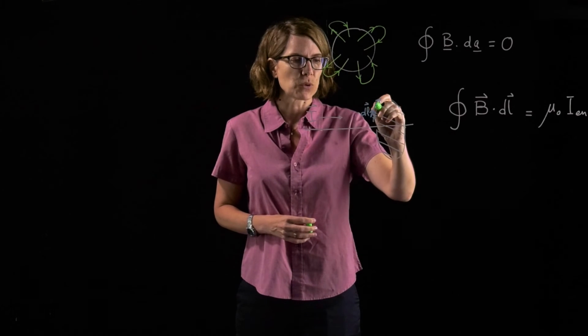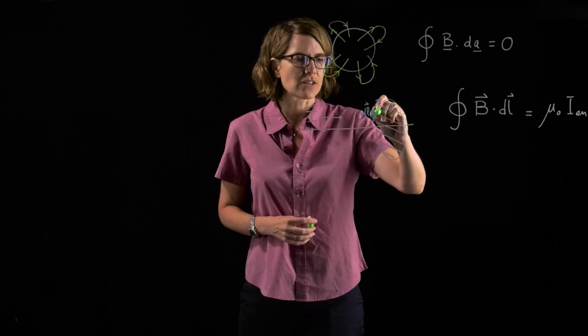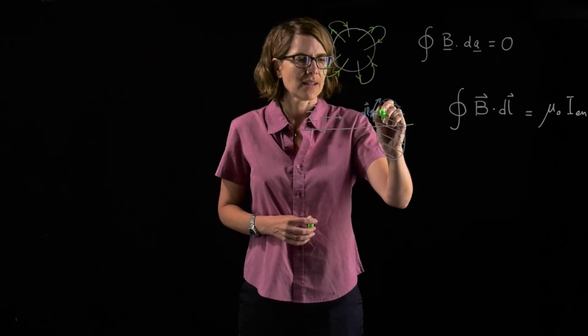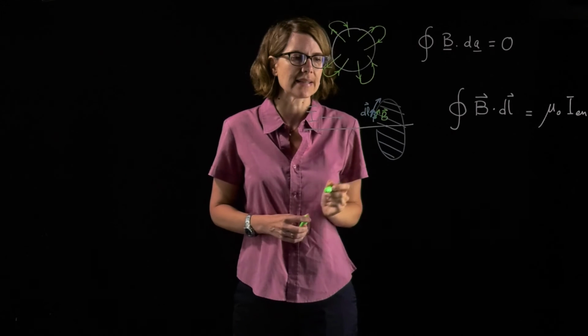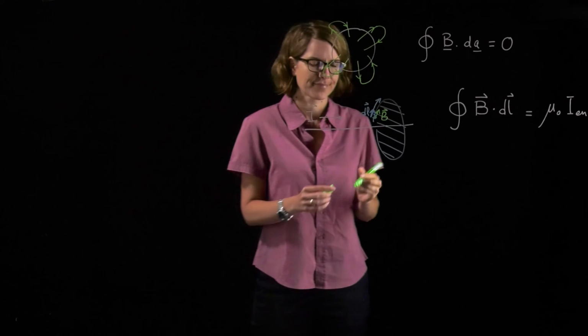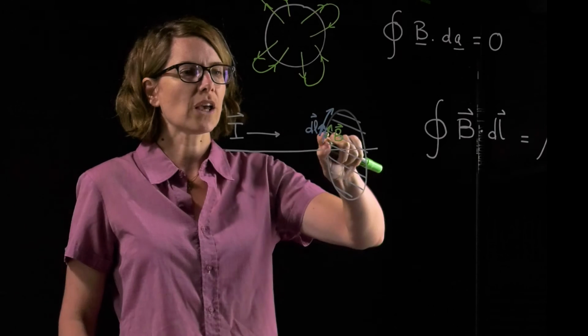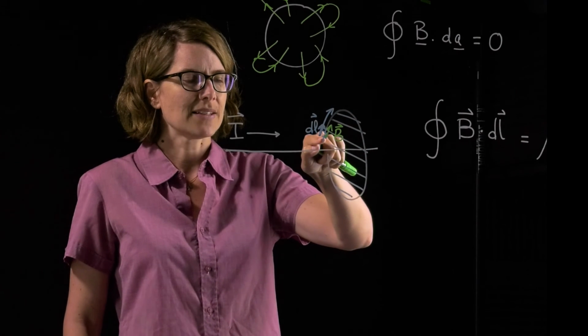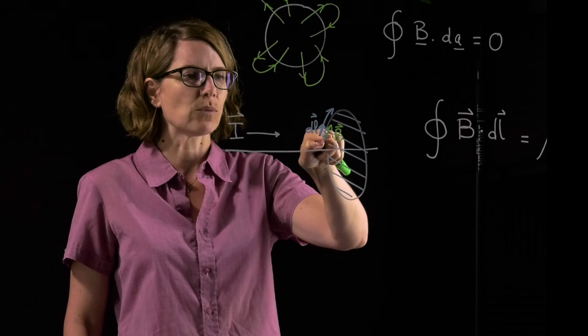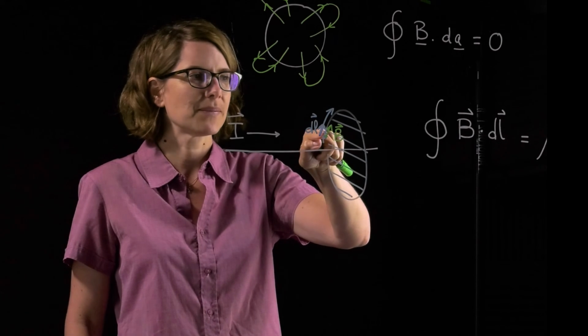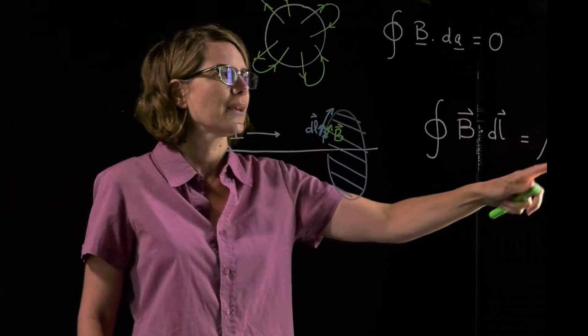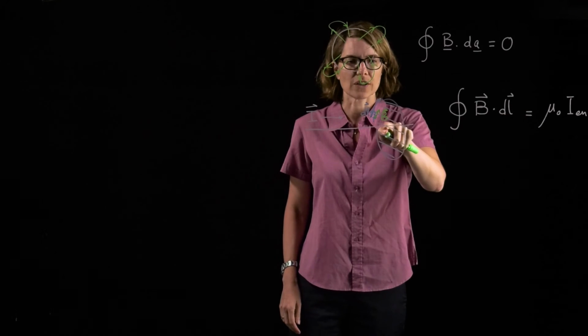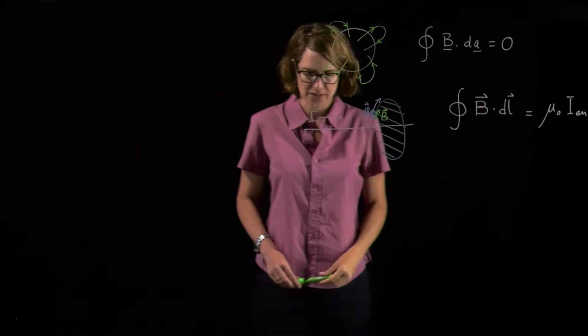Say, for example, it is also in that direction. It's going to be parallel to dl, isn't it, there? And we go around this path, taking the dot product of dl and whatever the magnetic field is at that point. We add them all up, and that is equal to the current that's going through that surface.